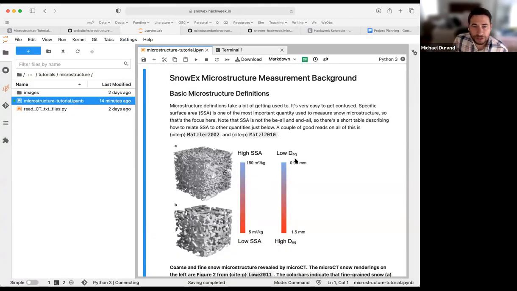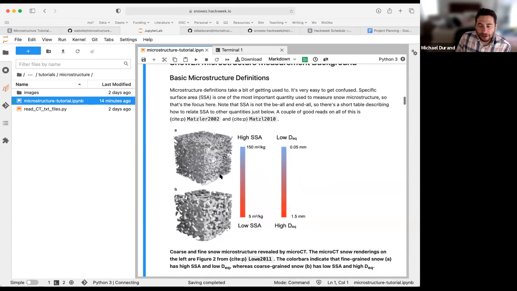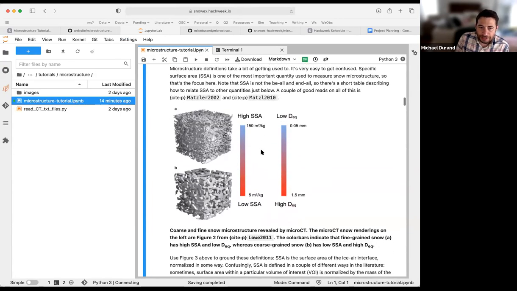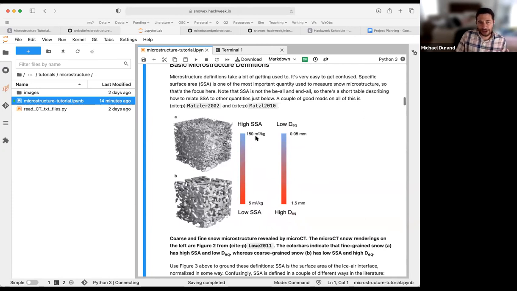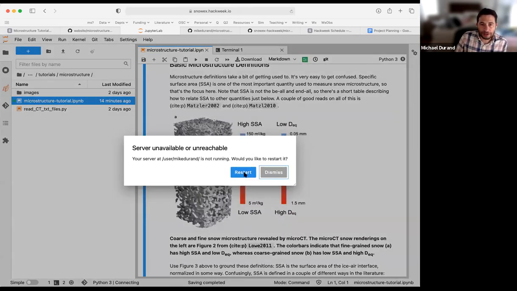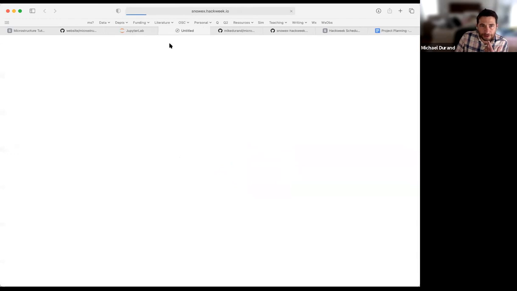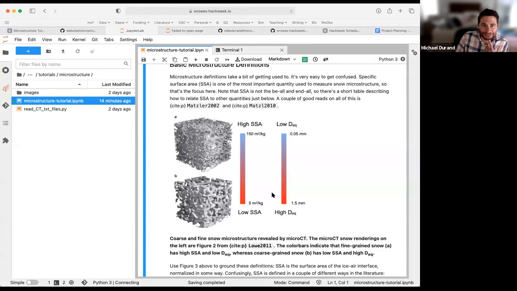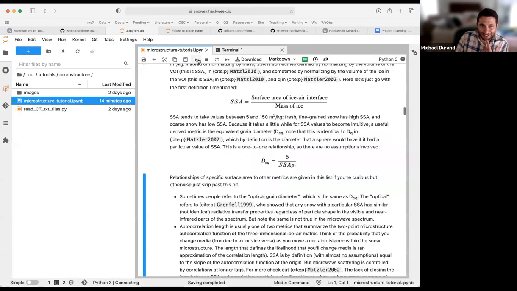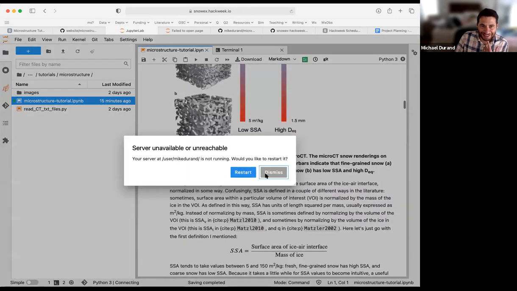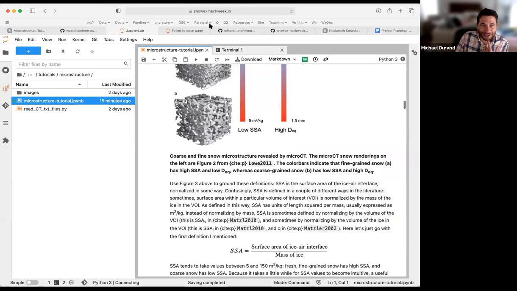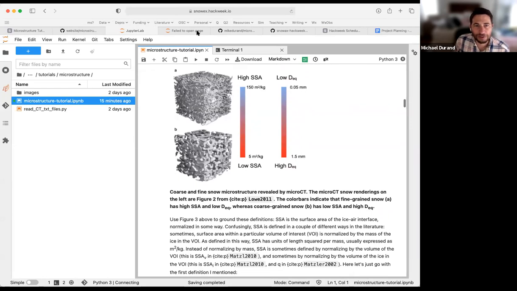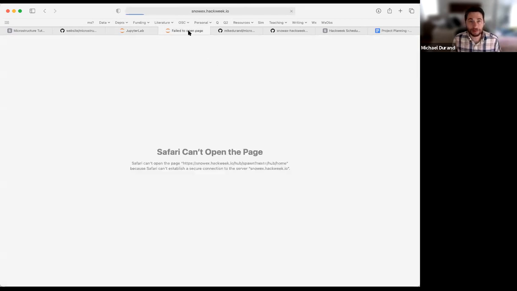Okay. So specific surface area is a quantity that you can imagine as, all right, let's see what happens. I'm just going to stay here. It's going to be annoying. How about if I finish? I don't know why it didn't let me restart. This might be just a temporary glitch.